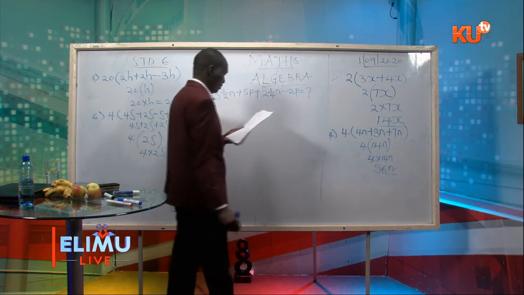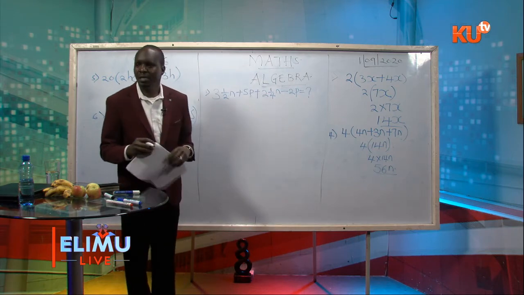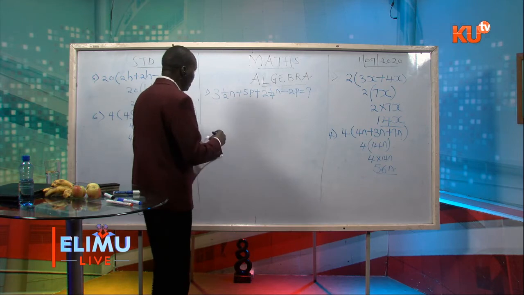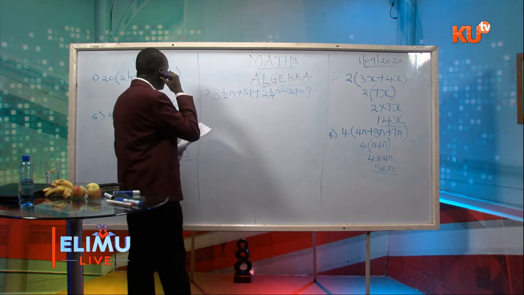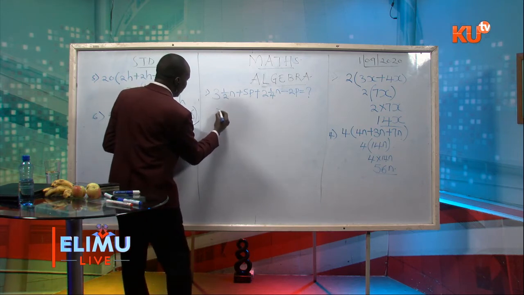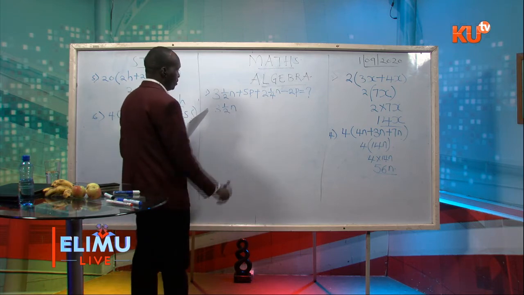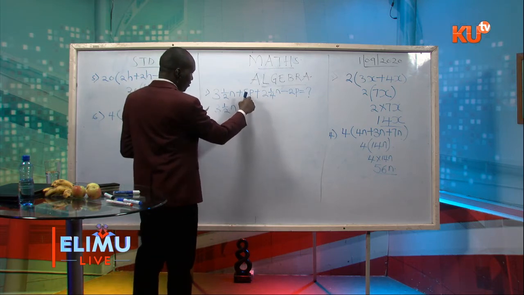What do we get? The first step is to collect the like terms. The like terms here we have 3 whole number 1/2n. 5p is not, this one is different.